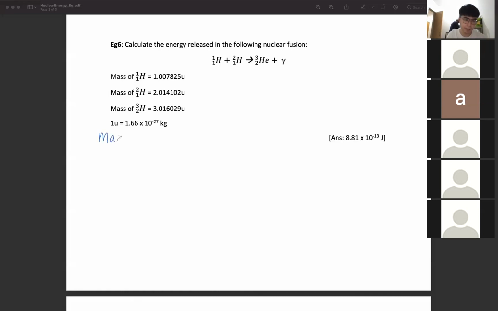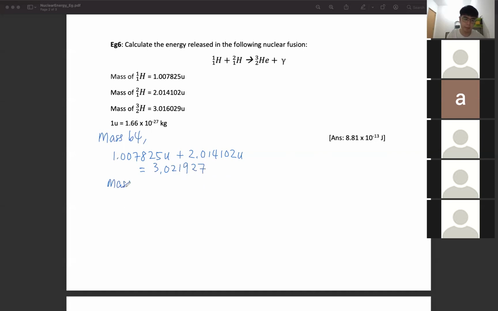Same thing, mass before. We have 1.007825 plus the other mass, equals 3.021927.